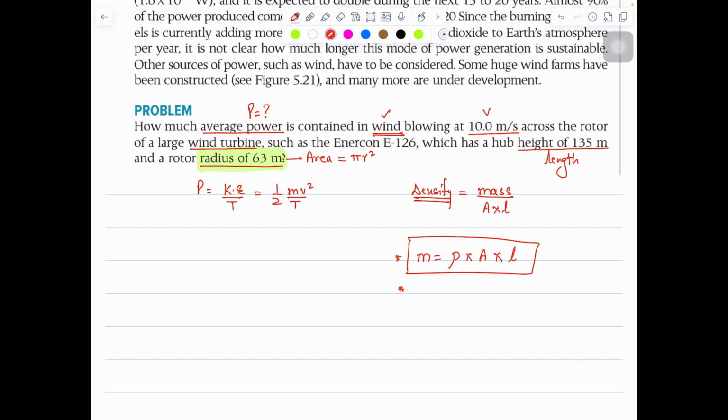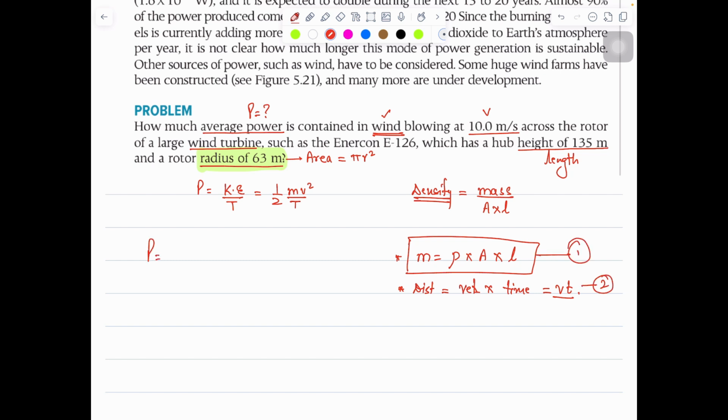length, which simply says distance. Can I say distance is equal to velocity times time? Yes or no? So can I say v times t? Now just place this one and this one in your main equation.